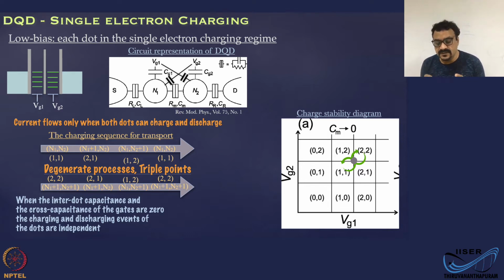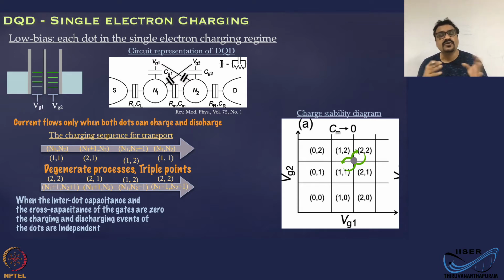Remember, these two dots are going to show single electron charging phenomena. Secondly, we are discussing the transport in the regime where the applied voltage is less than the charging energy. That means we are in the single electron charging regime.